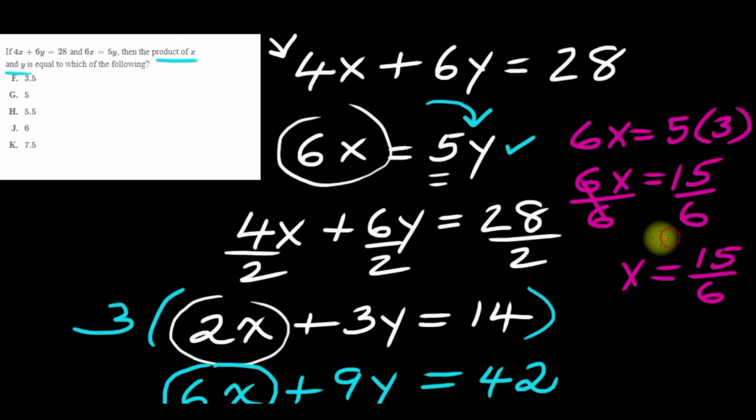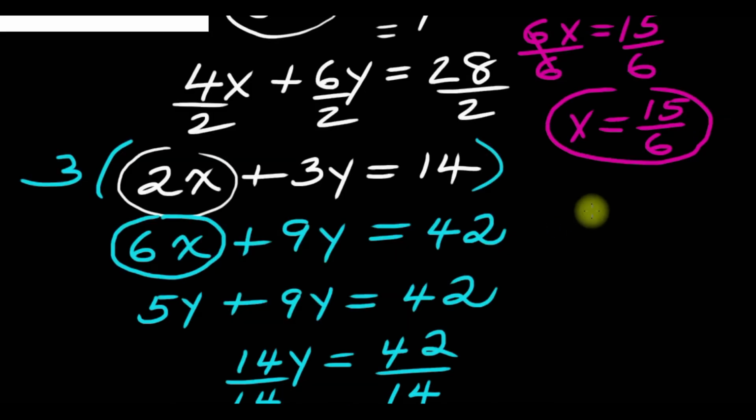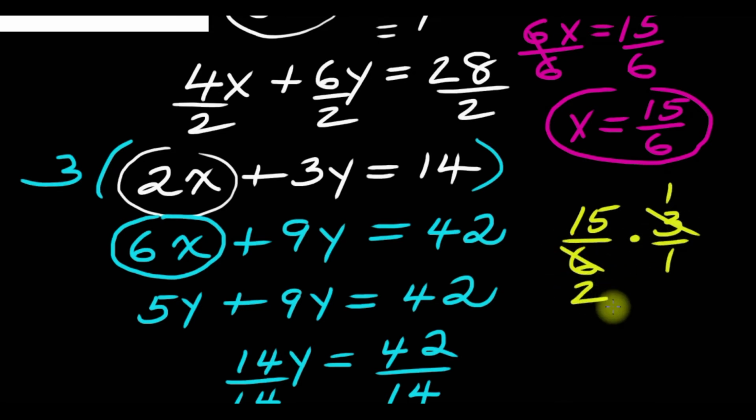Okay, and then now we have to find the product of the two numbers. So we need to take x times y, so that is 15 over 6 times 3 over 1. Cross out the 3 and the 6, make it a 1 over 2. So we end up having 15 over 2.